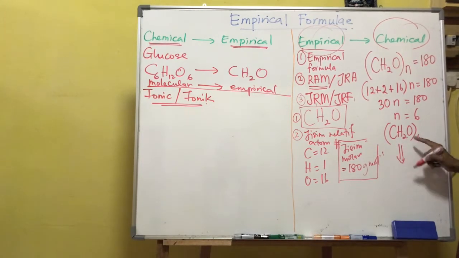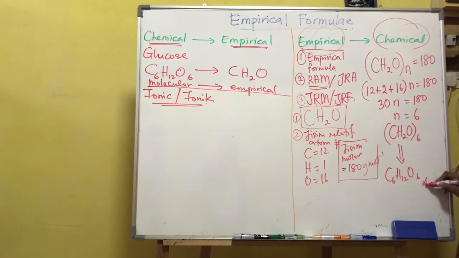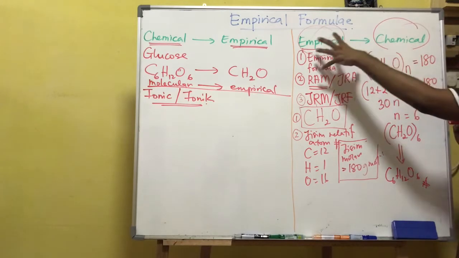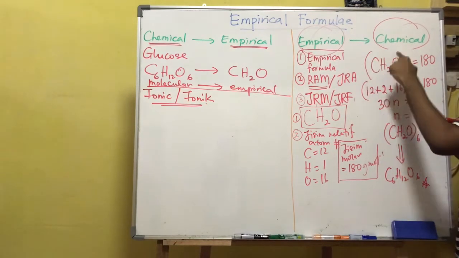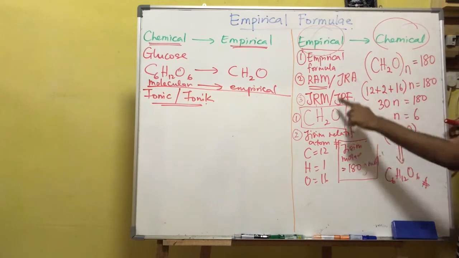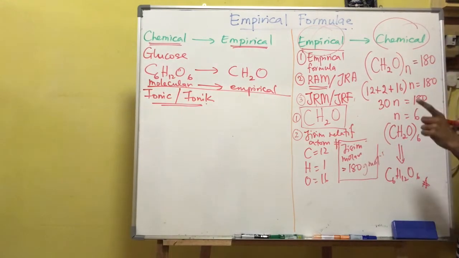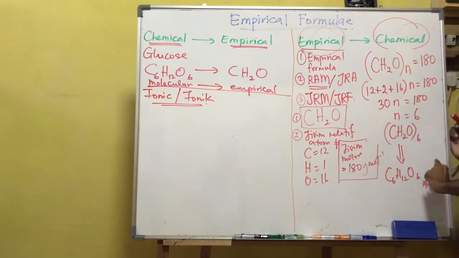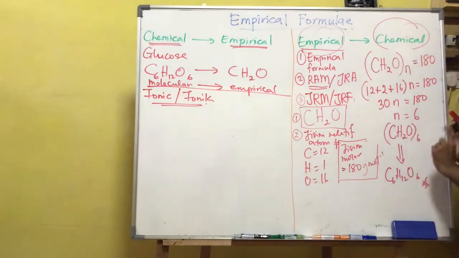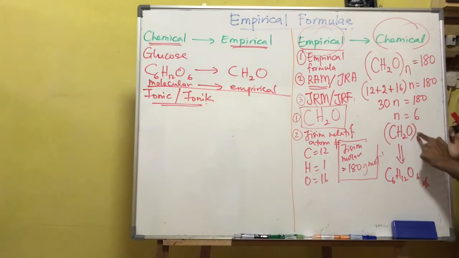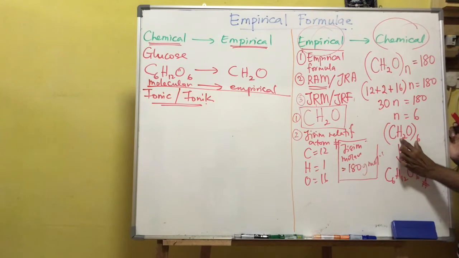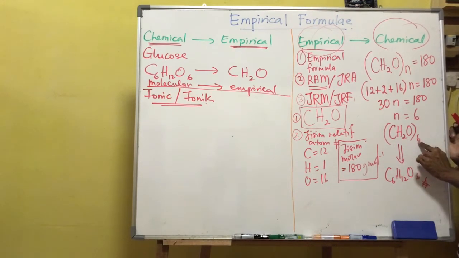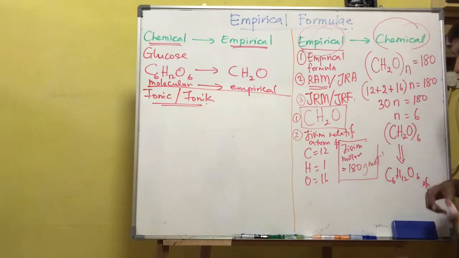Therefore it will give you C6H12O6. So if the empirical formula is this, you just multiply it by n equal to the molar mass that should be given in the question, and then work it as an algebra, find the value of n, and you multiply it back into the empirical formula, for example CH2O, you times it by 6. Understood? I'll give you another example.